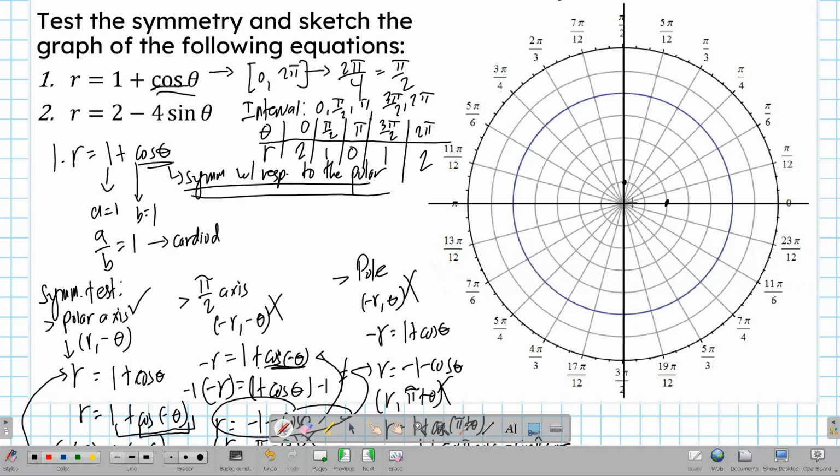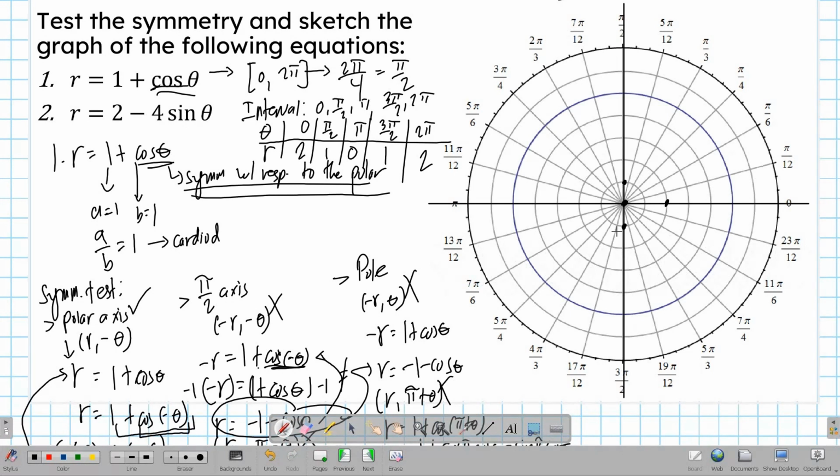Radius of 0, so even though it's pi, that would be at the pole. Then 1 at 3 pi over 2, this is 3 pi over 2, this is 1. And 2 at 2 pi is this. So these are the points that we have.